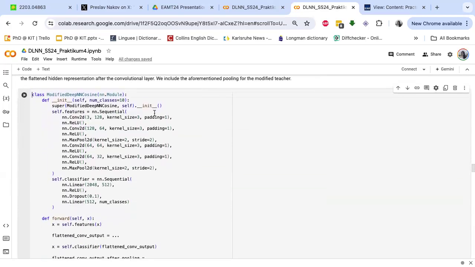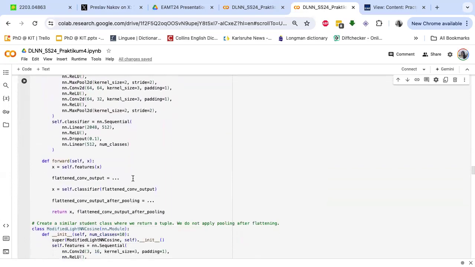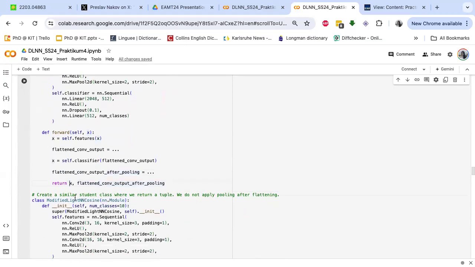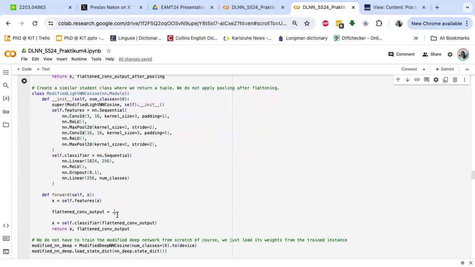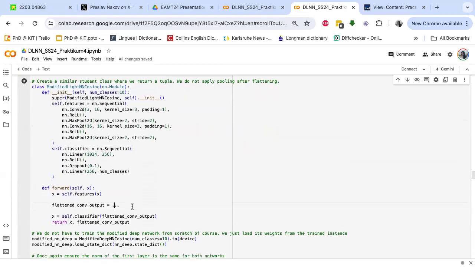So for this section, you will also use the same class with some modification. And your task here is to flatten the output by the models and then do pooling to match the hidden dimension of the teacher to that of the student, and then return that in addition to the logits themselves. And for the student model, you also need to return the flattened hidden representation to be calculated later.